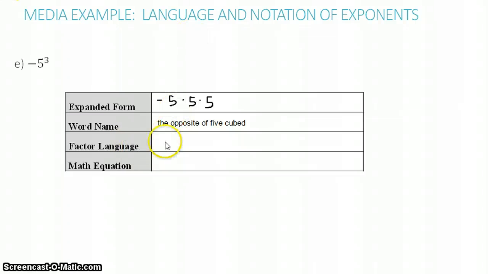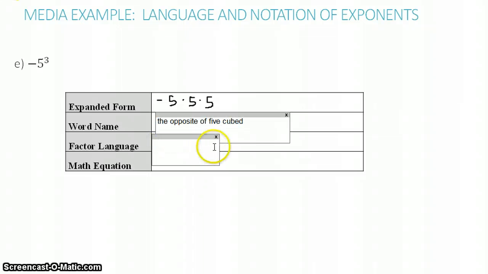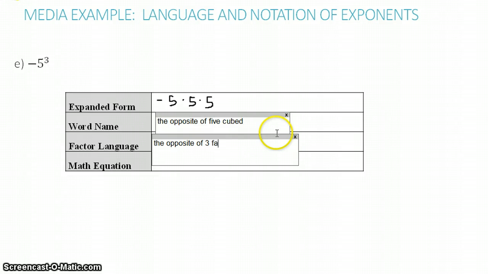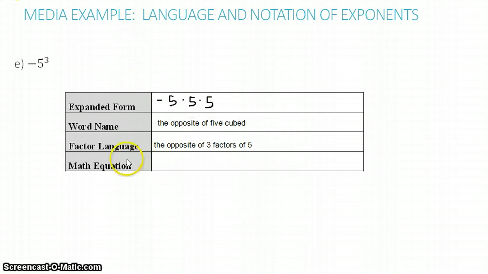And now our factor language will be the opposite of 3 factors of 5. Now to write our math equation, we'll write the original.